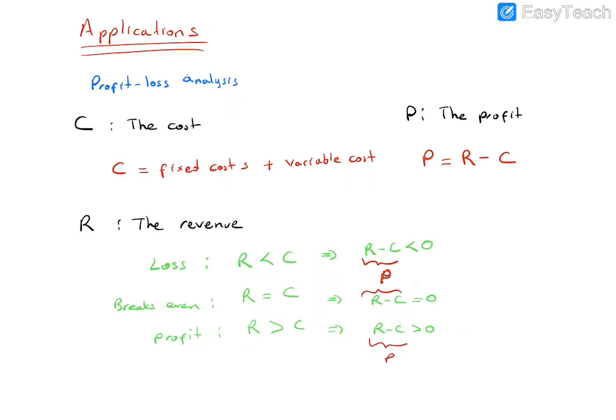To predict the revenue, a company uses the price demand function. The price demand function is denoted not by capital P of x but small p of x.